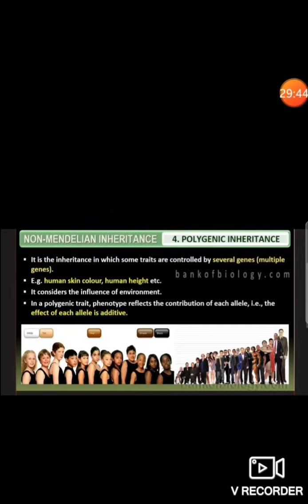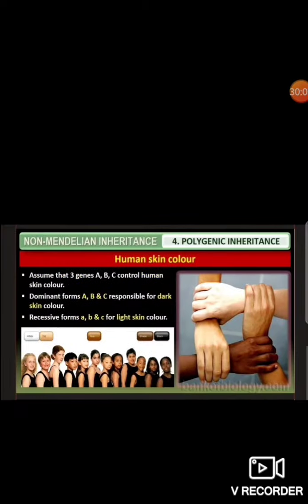Because of the environment, if they are not having good food, they will become thin. So the environment also plays an important role in polygenic inheritance. I gave you the example of height and skin color.